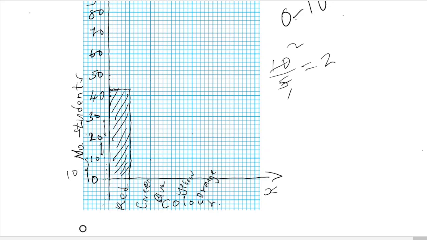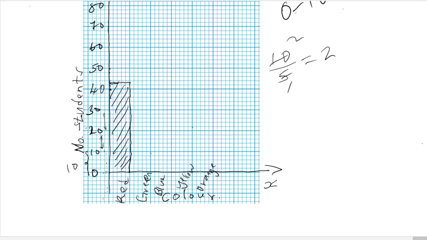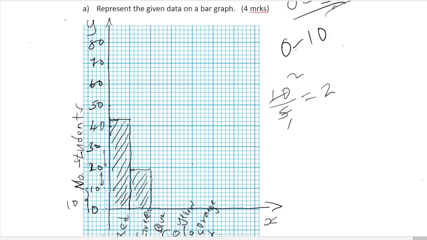Now our second bar is 19. 19 will be between 18 and 20. Here we have 10, 12, 14, 16, 18, 20, so it will be between 18 and 20. That is our second bar for green.